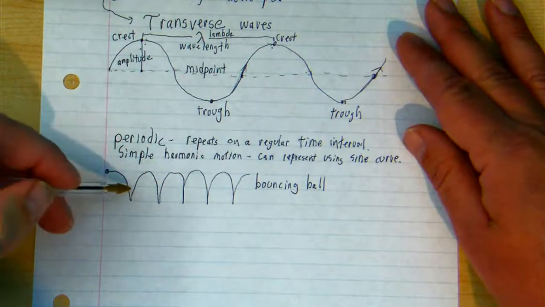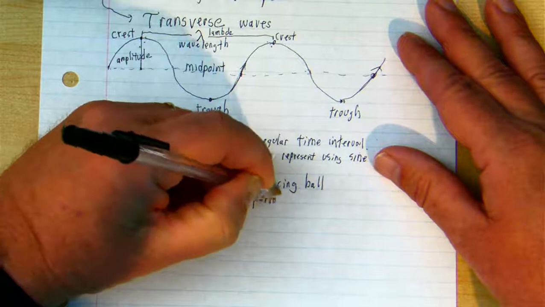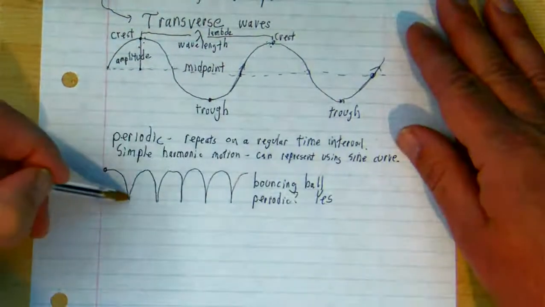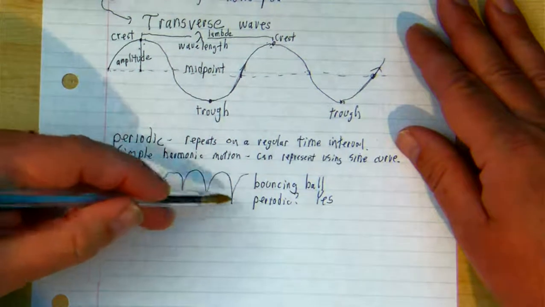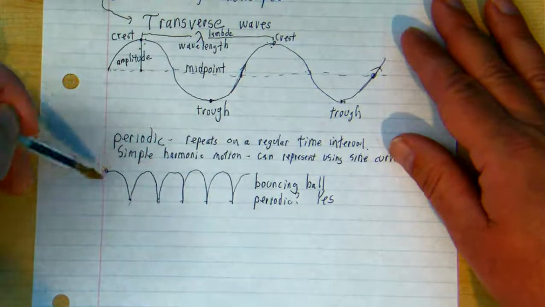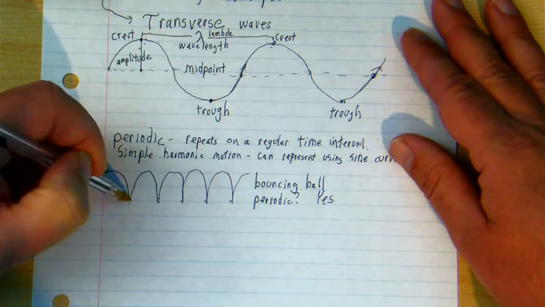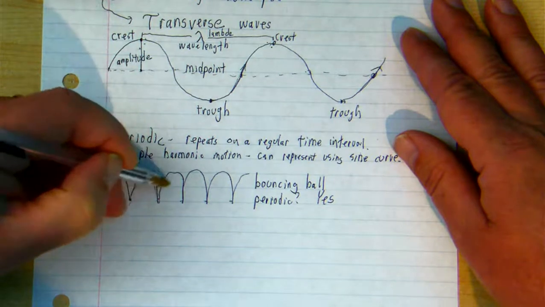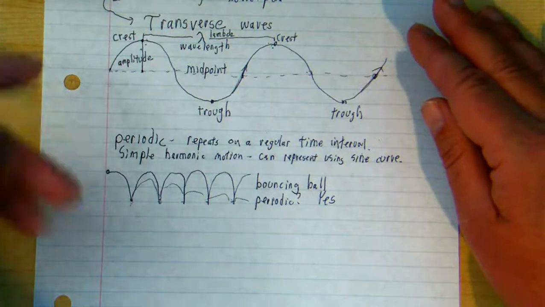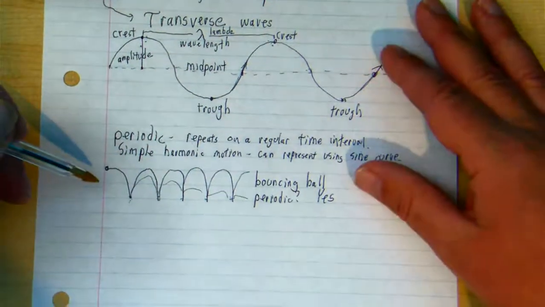Is this periodic? The answer is yes. It repeats at the same interval of time in its motion. This is for an ideal ball. In a real physics ball, it would have some modulus of elasticity, so it would diminish in amplitude and extinguish due to friction. But still, it's periodic.